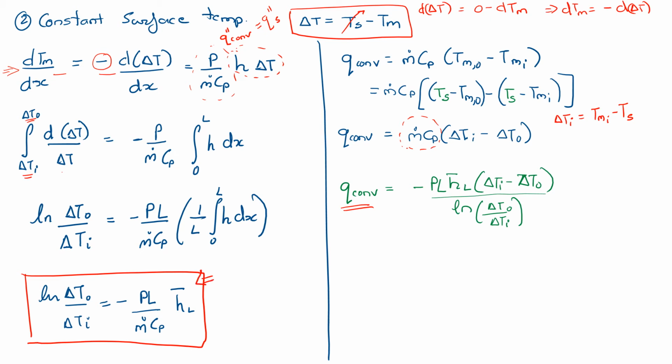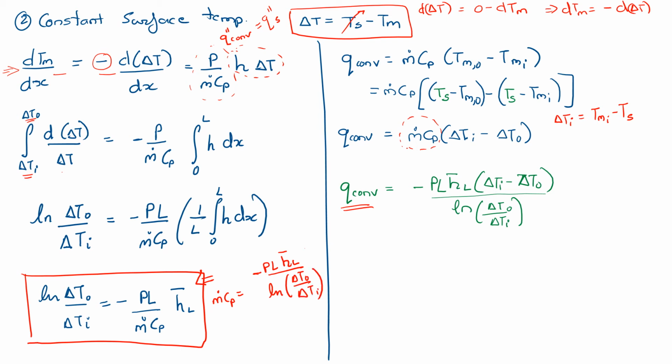From this equation I can write my m dot Cp as minus PL into the average heat transfer coefficient divided by the natural log of delta To upon delta Ti.